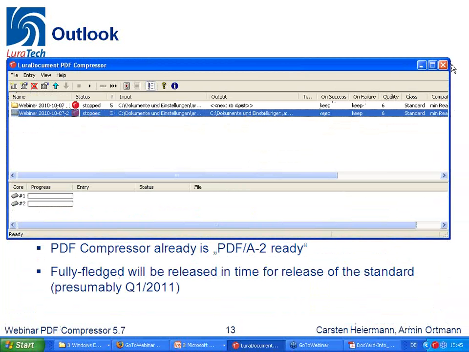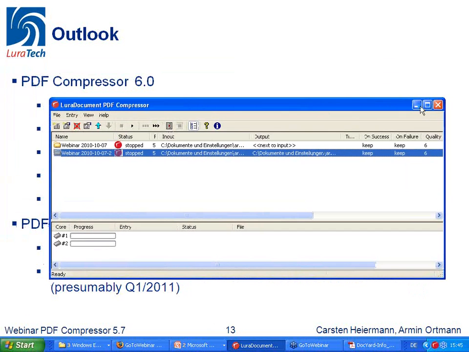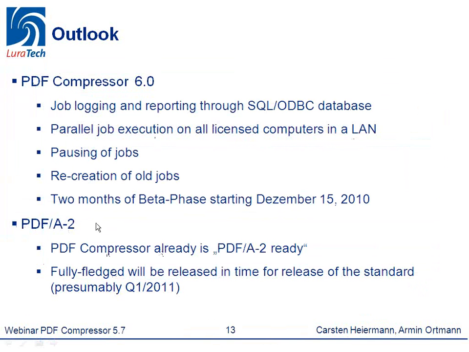You can then see and edit the properties of jobs running on several networked machines. The other big thing that is coming up, or the other new feature that we're working on, is PDF/A-2. Carsten and several of our colleagues have just returned from the PDF/A conference in Rome that was centered around this topic.